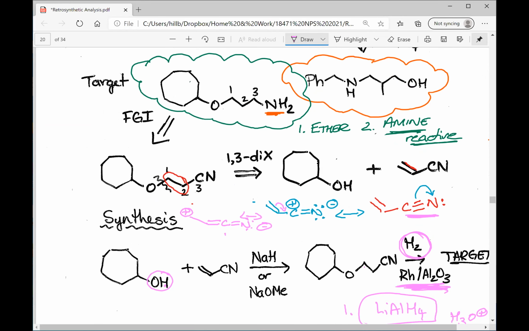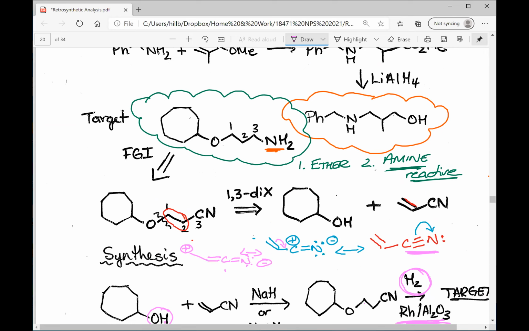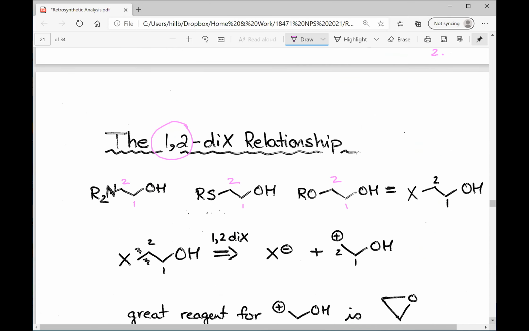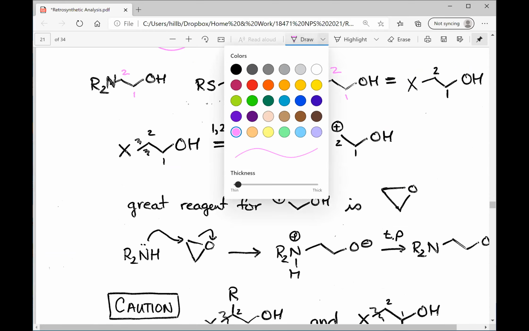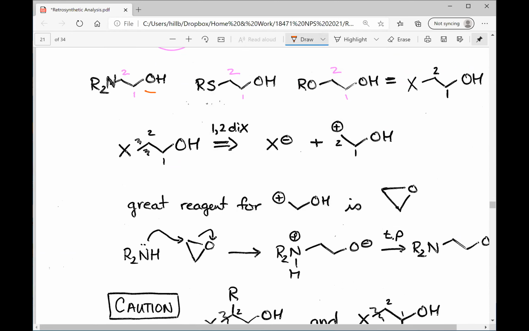You could conceivably use something like that, actually not with this one, no, I'm thinking something different. So the one thing which is common in all of these is that on carbon 1 we've got an alcohol here.